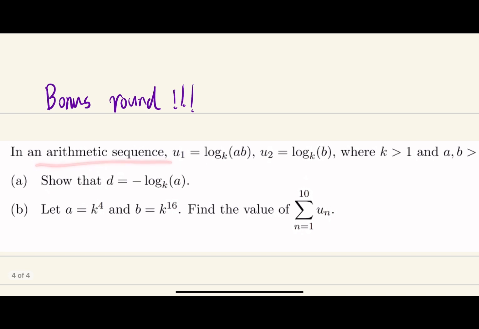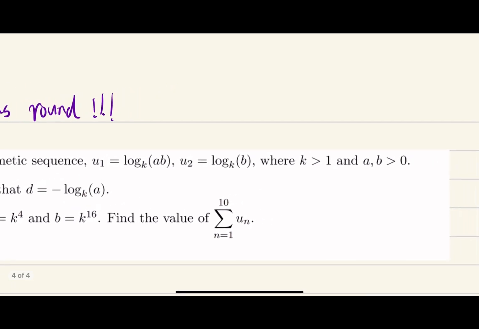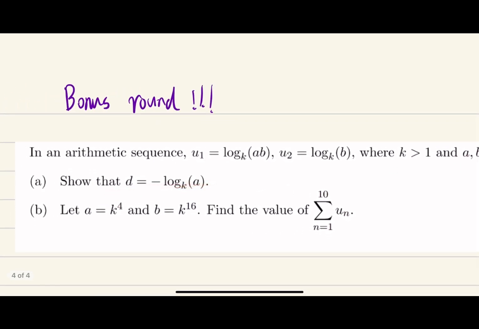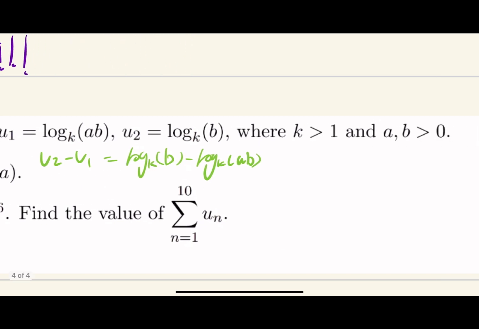Arithmetic sequence, nice and easy. This is the u1, this is the u2, and k greater than 1, ab greater than 0, obviously. So d, what is d? The next term minus the previous term, so u2 minus u1, so that will be log kb minus log kab. And we know how logs work, so we're just going to do it quickly here.